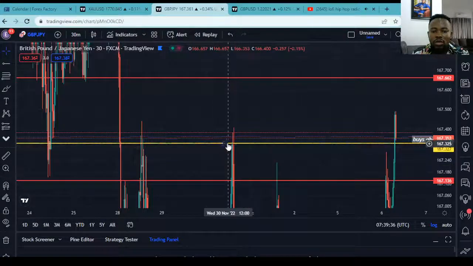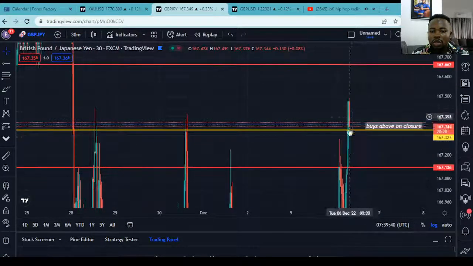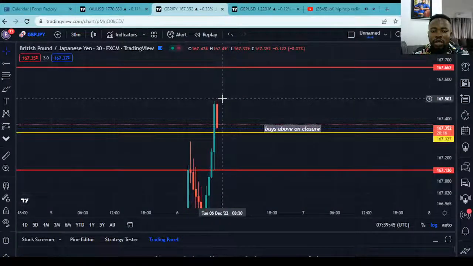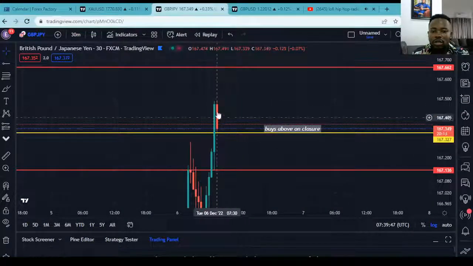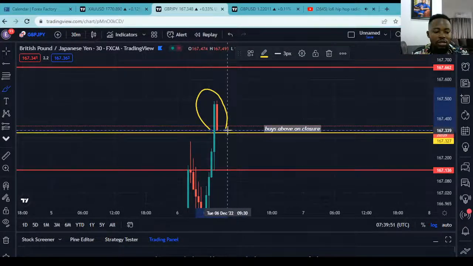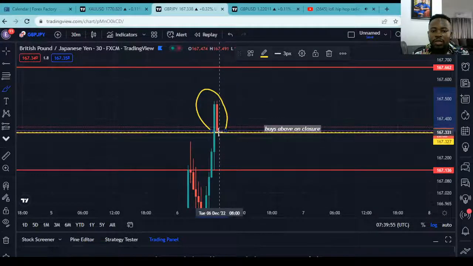Looking to the left hand side, we'll have this resistance here, right? If we close back inside this range without breaking the high to continue up, that means this whole move to the upside is a fake out. So we needed to respect this area and break the highs for us to continue to the upside.